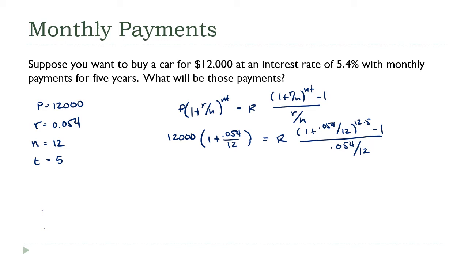And if you do this, you get 15,710.0552 equals 68.70473 R.